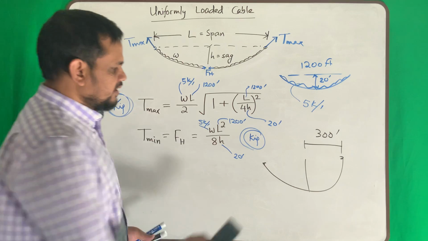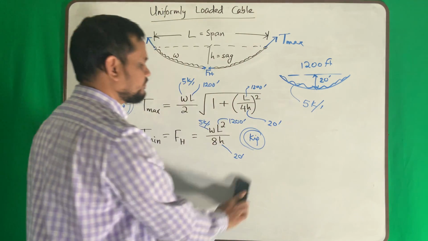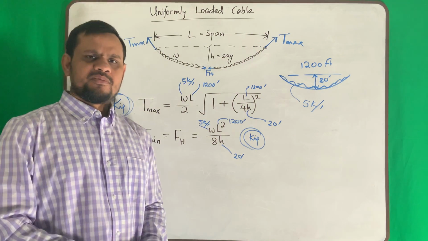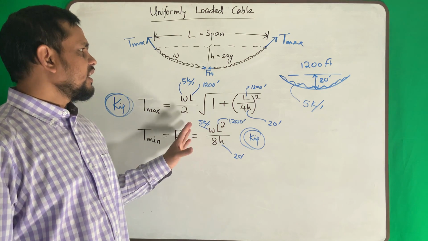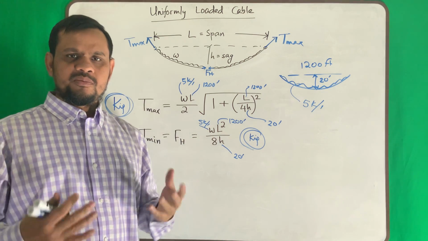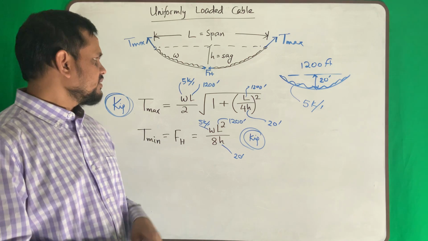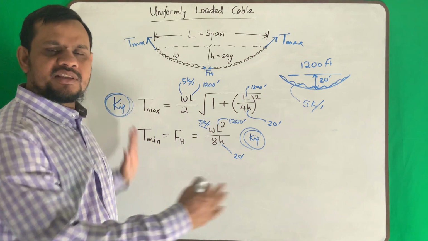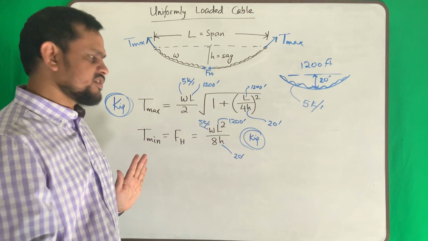Something more to discuss. There might be a different problem where they give you the T max, the allowable or maximum capacity of this cable, and ask what is the maximum span possible.